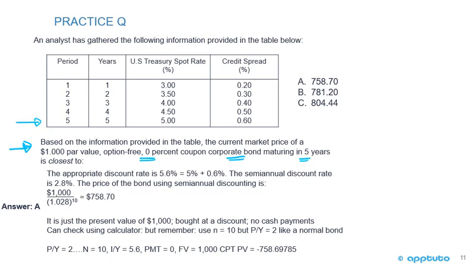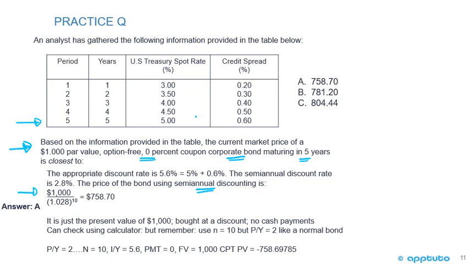Even though it's zero coupon, when we do our calculations for zero coupons, we still use semi-annual discounting. That's not a mistake, that is 100% correct. Because a zero coupon is bought at a discount and matures at par, all we're doing is a present value calculation, and here it was for 5 years. You can see it's also giving the U.S.